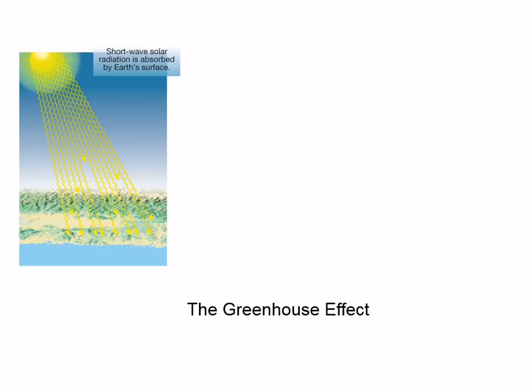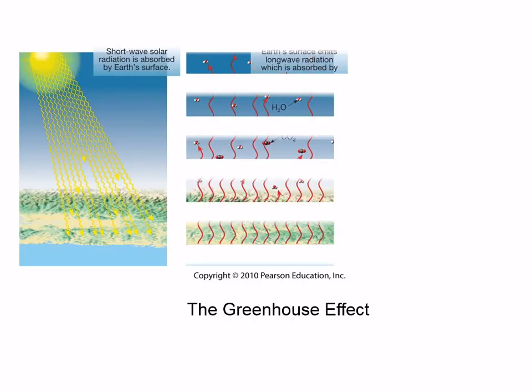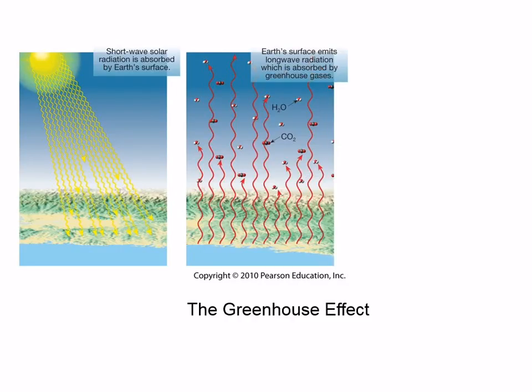So here we go. There's the sun's radiation coming in, and remember that the geosphere absorbs 80% of the energy that strikes it, and it's re-emitted most likely as thermal energy. And here it is, the thermal energy oozing off of the Earth. Those things that look like little bees or mosquitoes are actually gas particles. Anytime you see something that looks like this, kind of a Mickey Mouse, that's actually water. And these are your carbon dioxide particles.